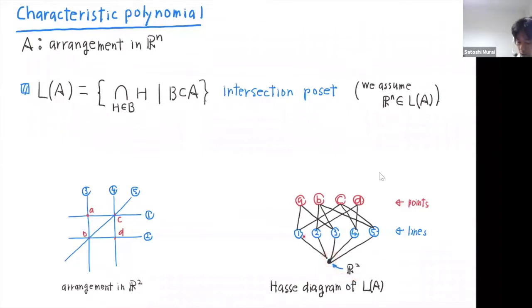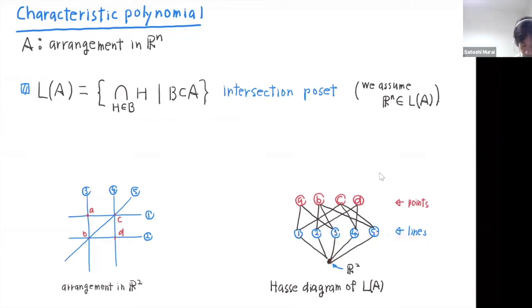Then we have the 5 lines, and we also have 4 points, A, B, C, D, which are these 4 points. The relation is obtained as follows. As I said, R2 is the smallest element. Then next we have these 5 lines.